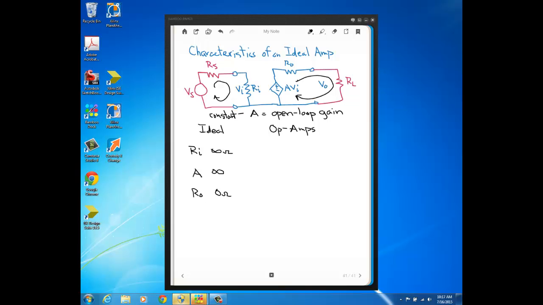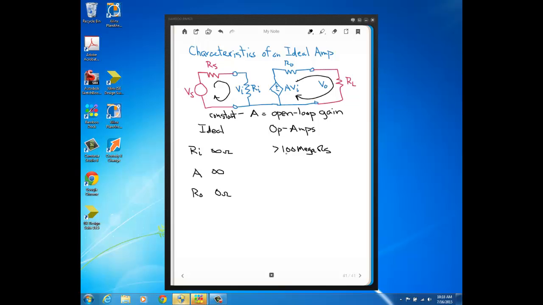Okay, op is short for operational, and of course amp is short for amplifier. Op amps don't have input resistances of infinity. However, they have input resistances that are at least 100 mega ohms. Okay, so that's million.